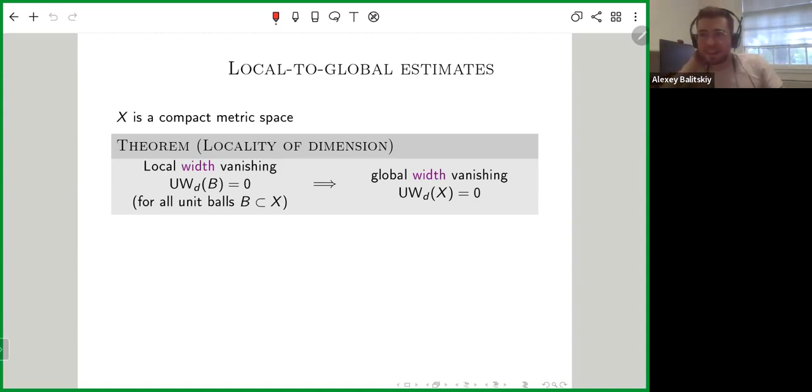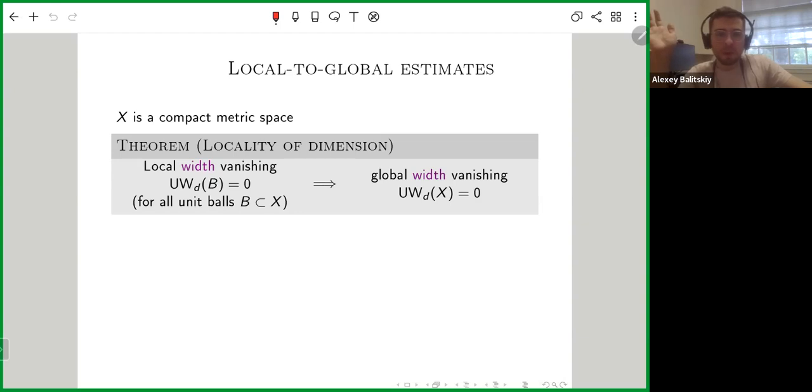If you know locally that for each point there is a small neighborhood which is at most n-dimensional, then the whole space is at most n-dimensional. This is what's written in the language of the widths: if the d-width vanishes, it means that the space is at most d-dimensional, just by definition.